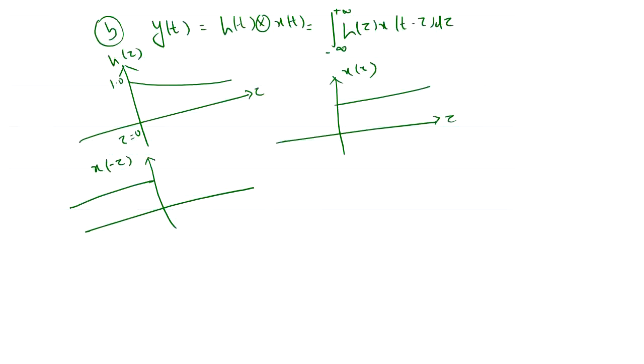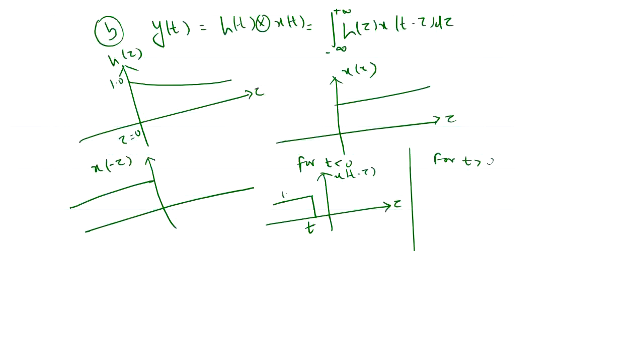Then for t less than 0 and for t greater than 0, we have two different graphs. For t less than 0, the shift is negative, and when the shift is positive we have this type of graph.